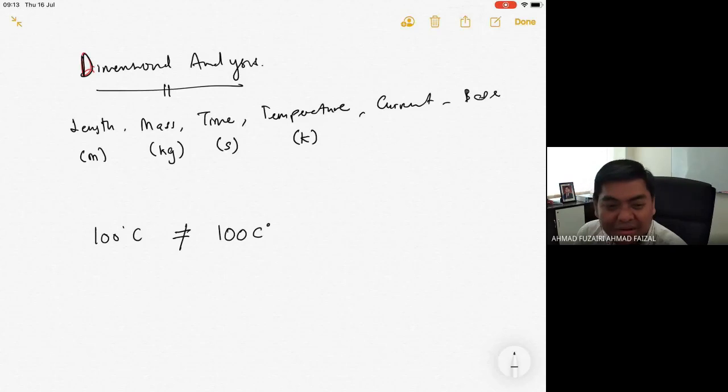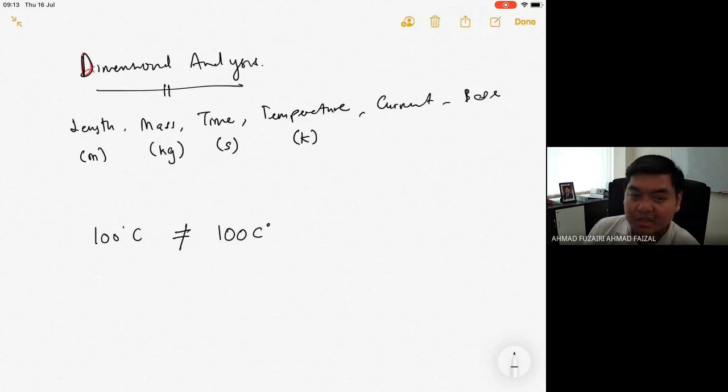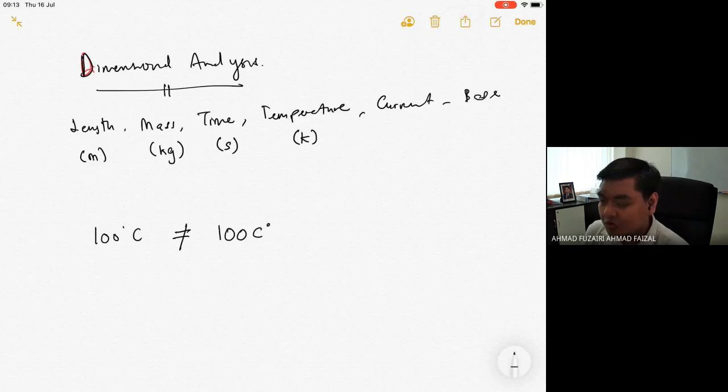Ada cara nak tulis dia tu. Okay, saya terangkan. 100 degree Celsius is the temperature. Dan maksud dia temperature pada 100 degree Celsius. Tapi 100 Celsius degree, bukannya saya typo, menunjukkan this is the delta T. What does it mean by delta T?